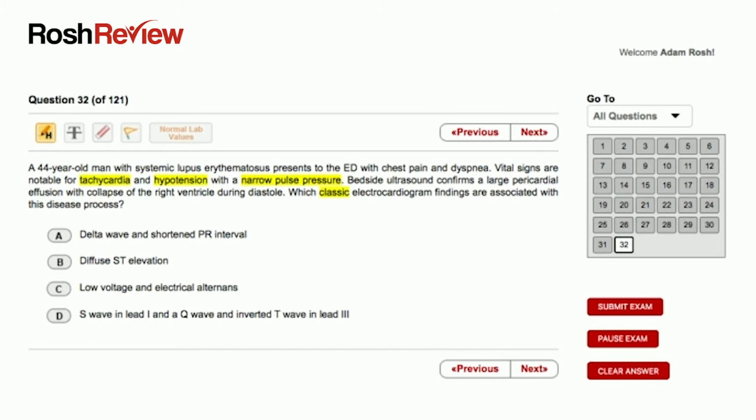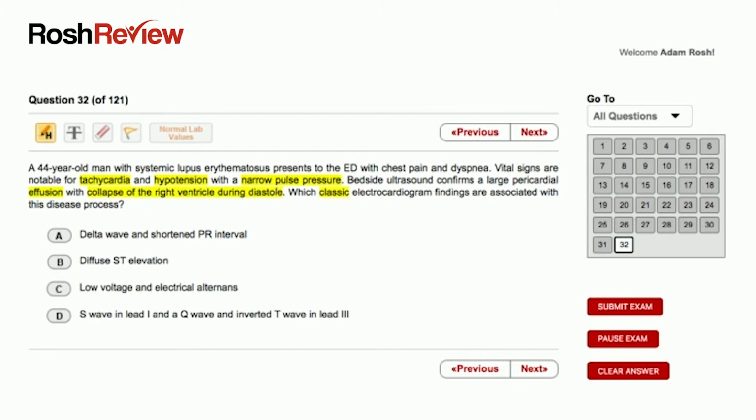Anytime I hear narrow pulse pressure on a board exam, I think about pericardial tamponade, okay? And let's just go a little further here. We see a large pericardial effusion on ultrasound and collapse of the right ventricle during diastole. So I am pretty much 100% sure that this patient has a pericardial tamponade.